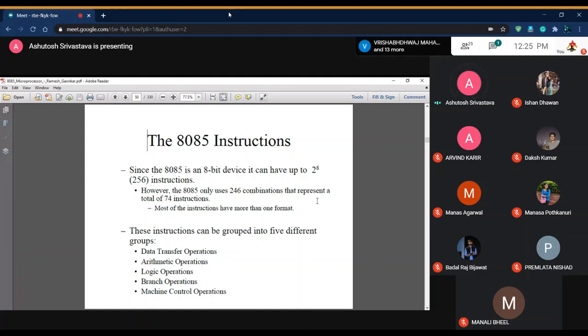It retrieves either data or your instructions, then it decodes, and finally it executes. Retrieve, decode, and execute.